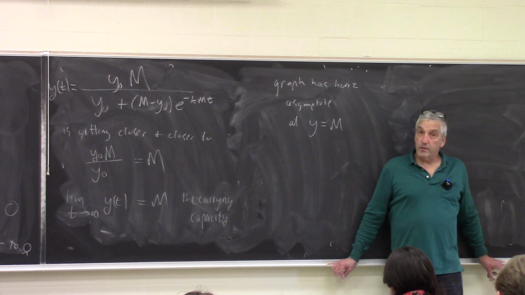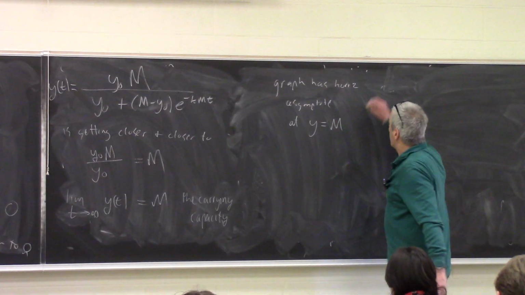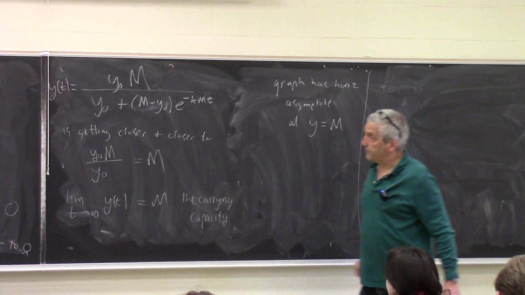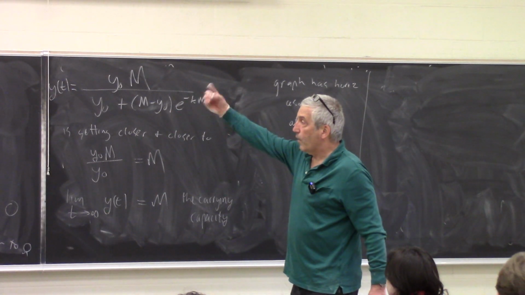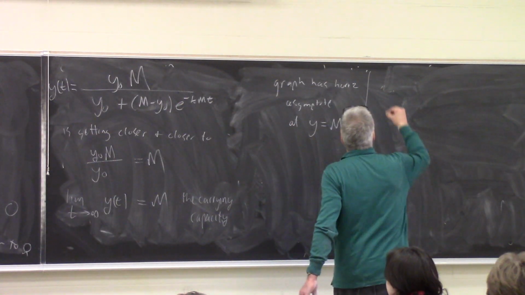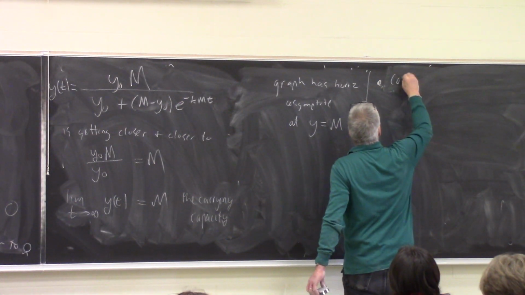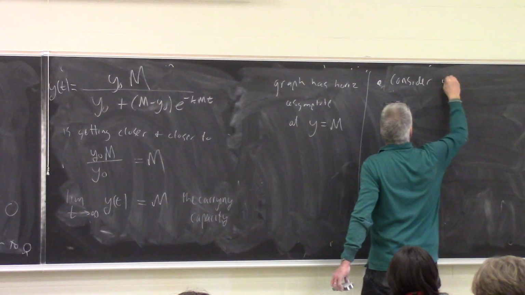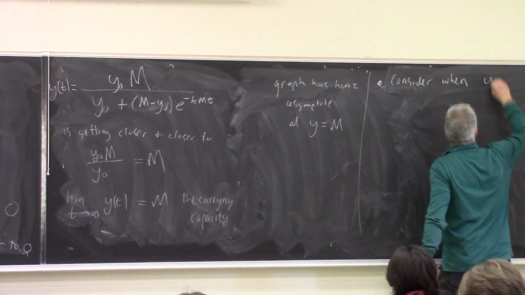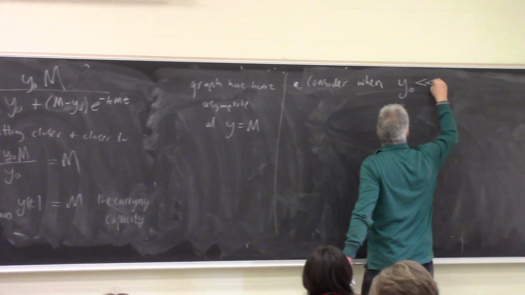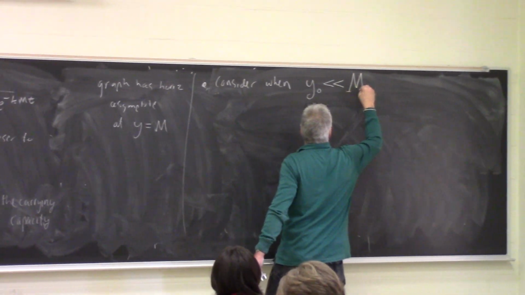But what happened early on when that naturalist brought that pair of bunnies to Australia? This comes under the heading of observations. What happens when the initial population, Y0, is much less than the carrying capacity?